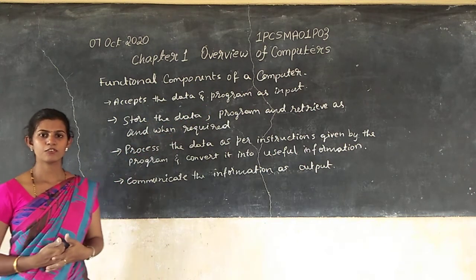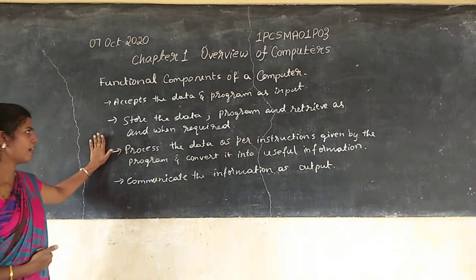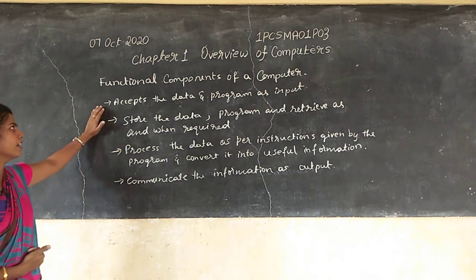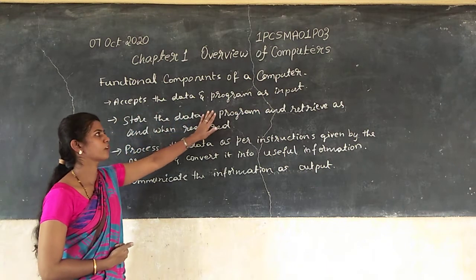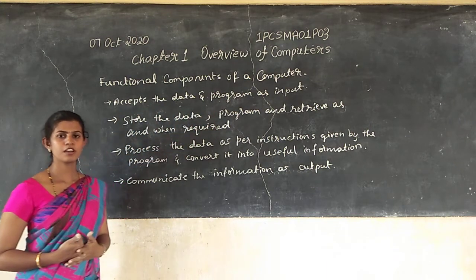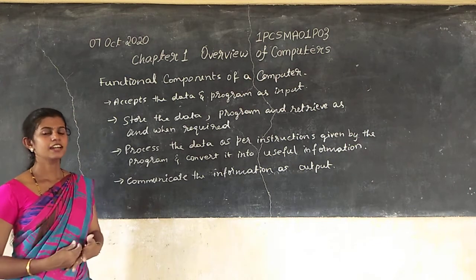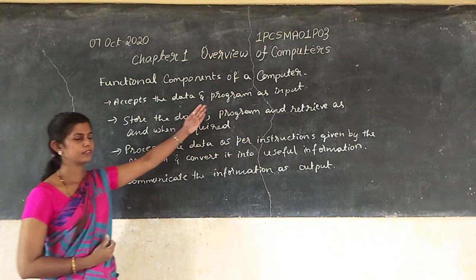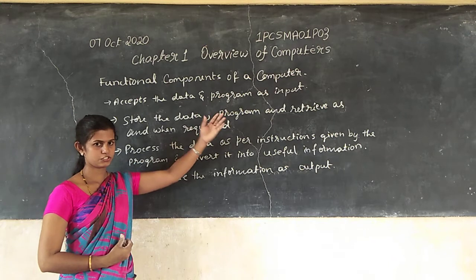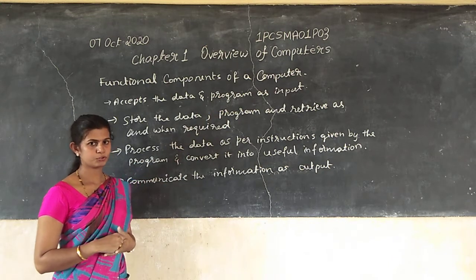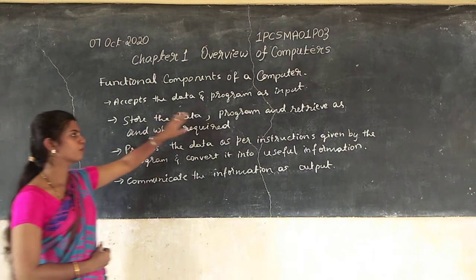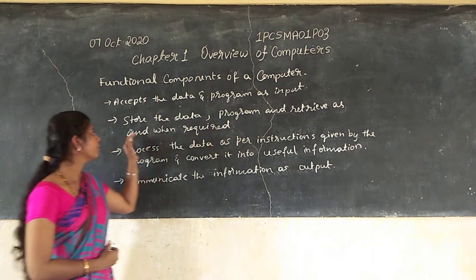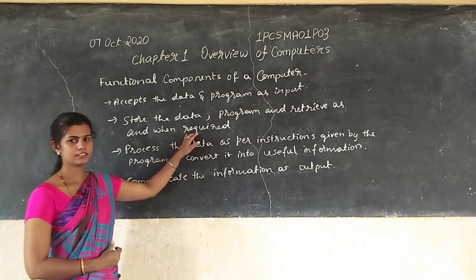Basically, the computer has to carry out these operations. The computer should accept the data and program, that is, a set of instructions, as input, and it should store the data and program and retrieve them as and when required.